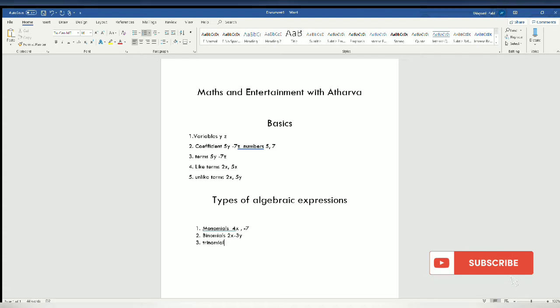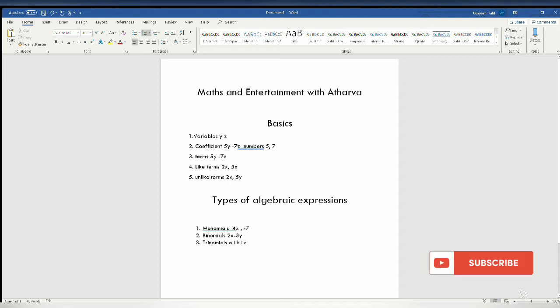The third, trinomials. Trinomials have three terms in them. Like, I will give you an example of the Pythagoras triplet: a plus b plus c. See, these are trinomials.